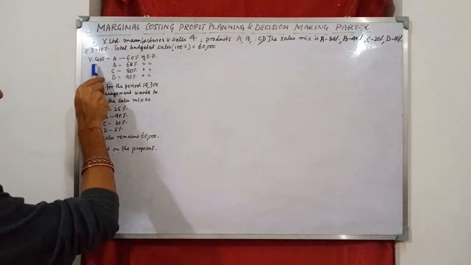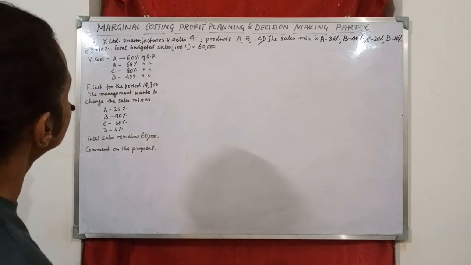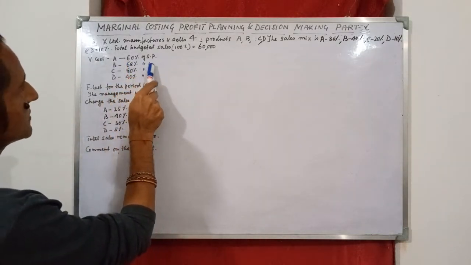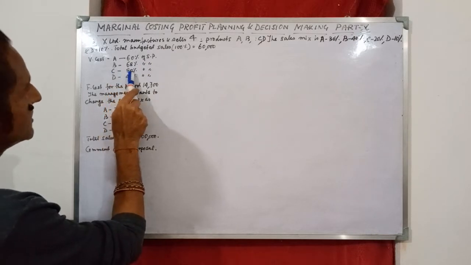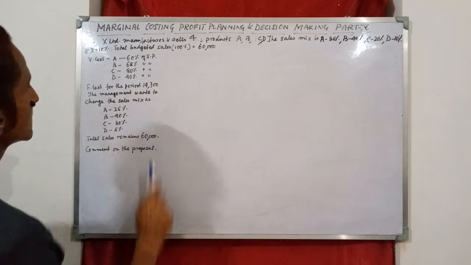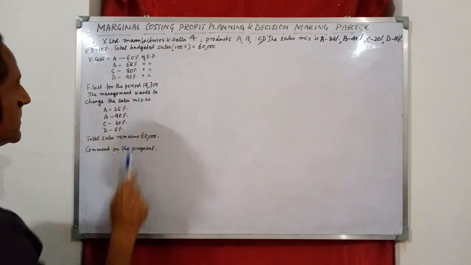Variable cost structure is like this. For A, it is 60% of selling price. For B, it is 68% of selling price. For C, it is 80% of selling price. And for D, it is 40% of selling price. Fixed cost for the period is 14,700.